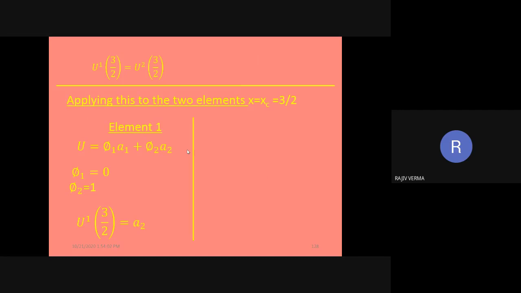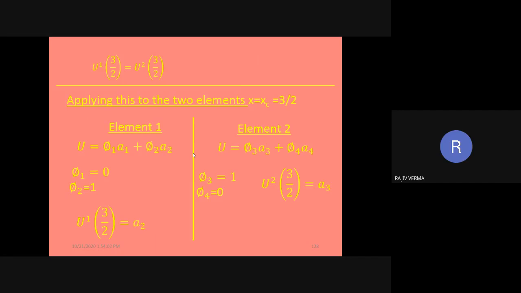Similarly, for the second element, the expression for the trial function is u equal to a3 phi 3 plus a4 phi 4. When you evaluate this trial function at x equal to 3 by 2, which is the first node of the second element, you get phi 3 to be 1 and phi 4 to be 0, which means that u2 evaluated at 3 by 2 is equal to a3.